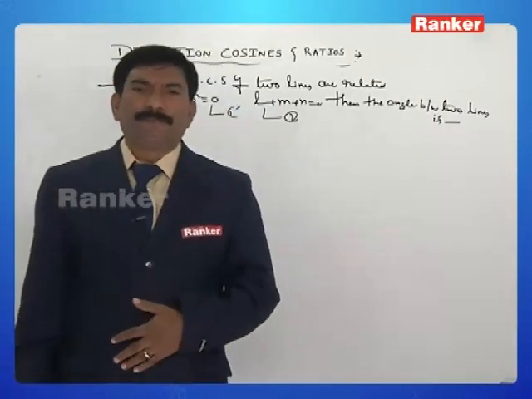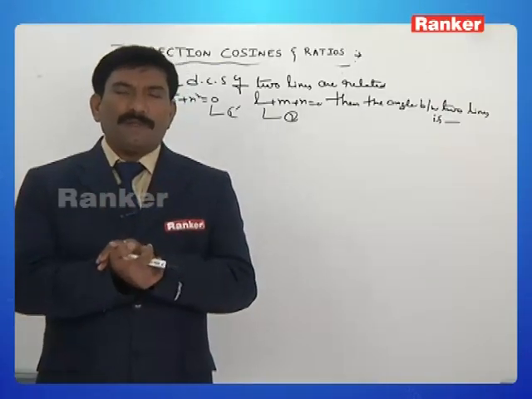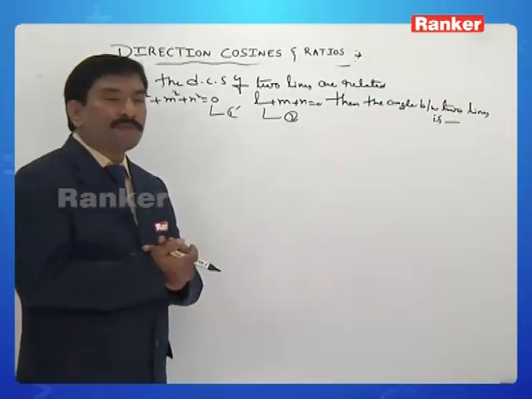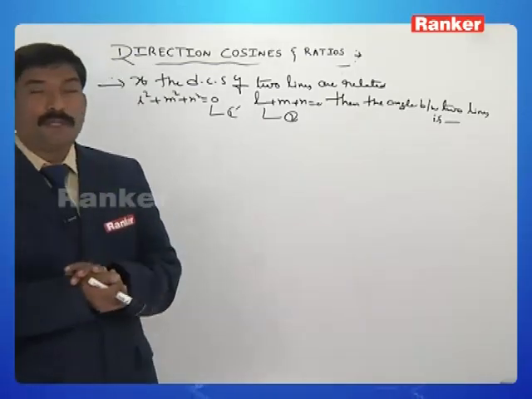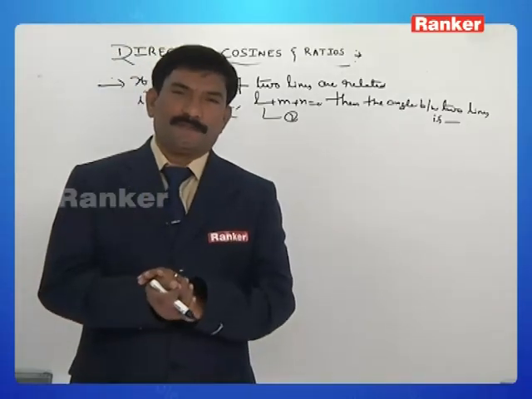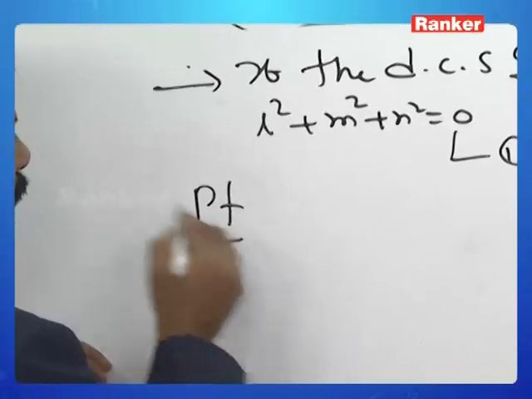Now look here, you are given the relations. So therefore, the relation between the direction cosines, in this context, we have to find out the angle between the two lines. Let us see how this proof goes.